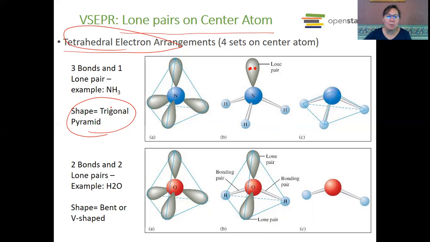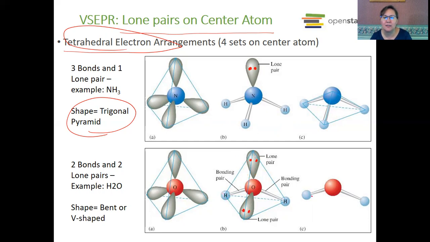Okay, so the next part of the tetrahedral electron arrangement is something like water, where you have 2 bonds and 2 lone pairs. So we'll call this a lone pair and this one a lone pair. And then you have this shape here.